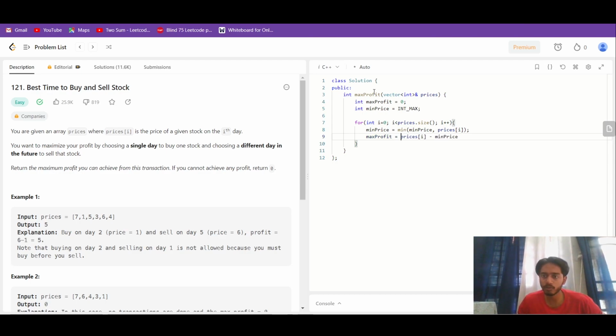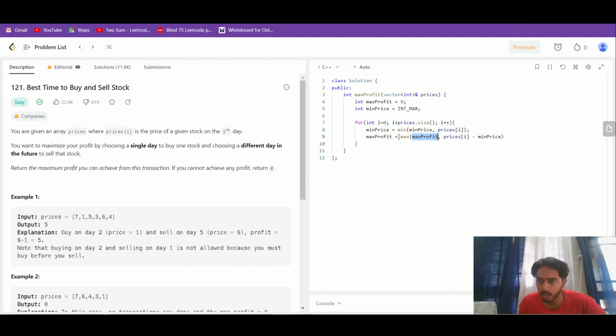But this would be the profit of that current day. But we need the maximum profit. To store the maximum profit, we need to use max of max profit, comma, prices[i] minus minimum price. So this one is the current profit, and this is the max profit.